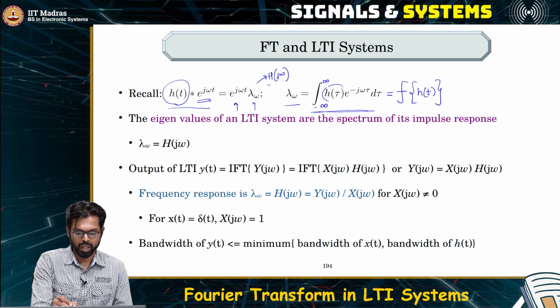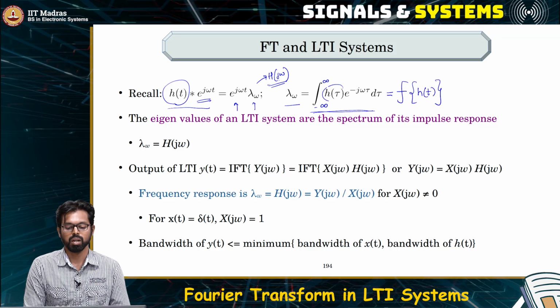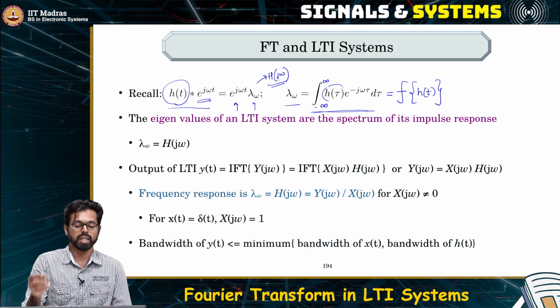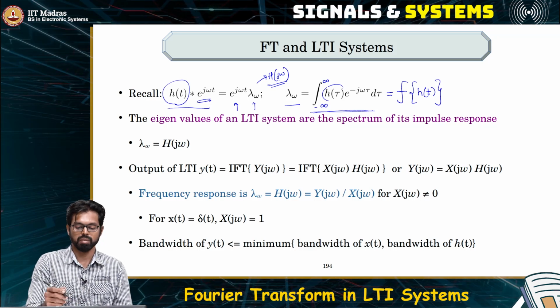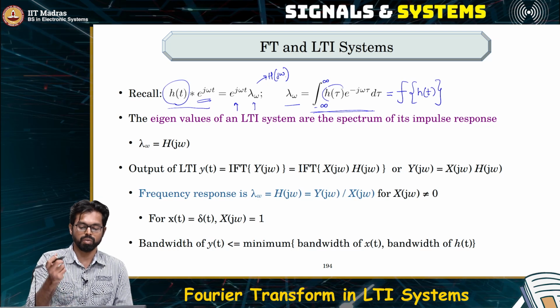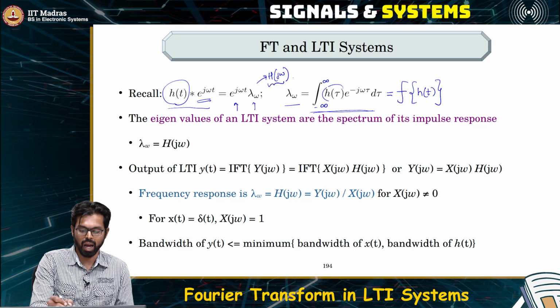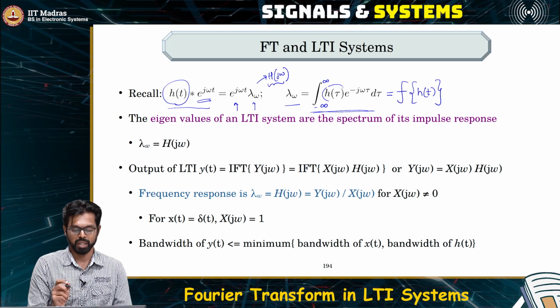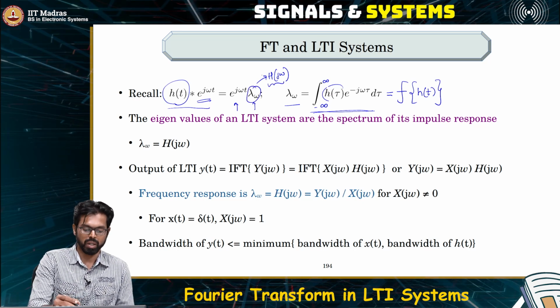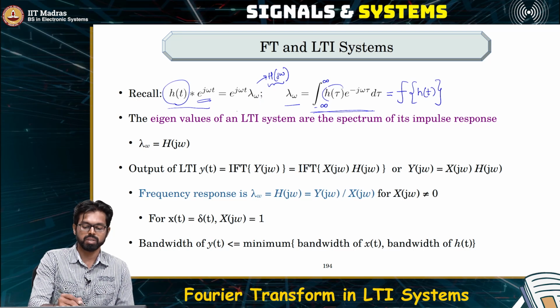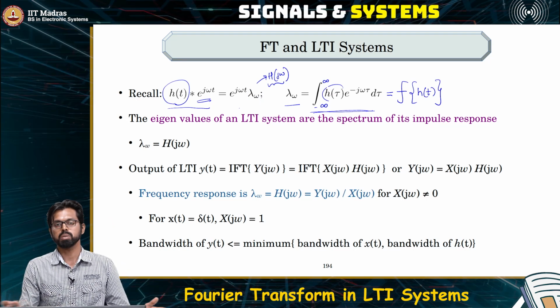H of j omega is the function, but what are you doing here? We are not plugging in the function as such, but just picking one particular value from the function. And what is that value? The value of the function at omega is picked up and multiplied here, because the spectrum gives the value for all possible values of omega.